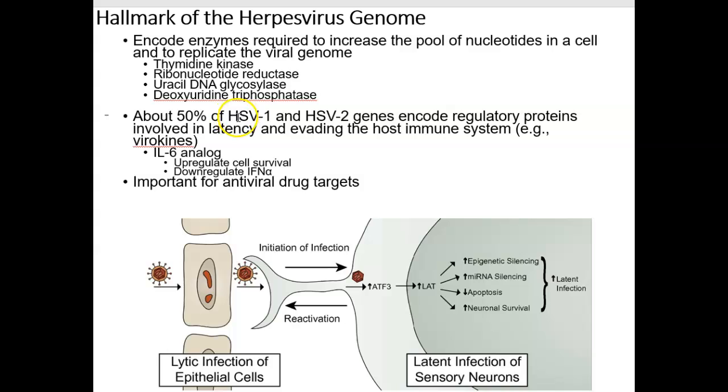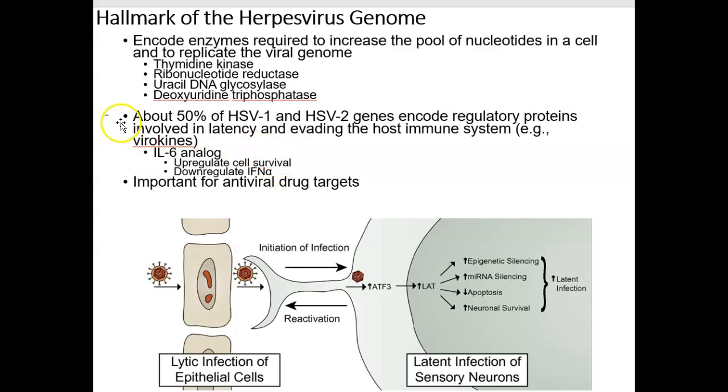So HSV1 and 2, about 50% of the genome is involved in either maintaining latency or evading the host immune systems. So remember, pox viruses had those virokines. Well, herpes viruses have virokines too. So an example here is they have an IL-6 analog, which promotes cell survival, so the cell can't trigger apoptosis, and also downregulates the interferon alpha response.